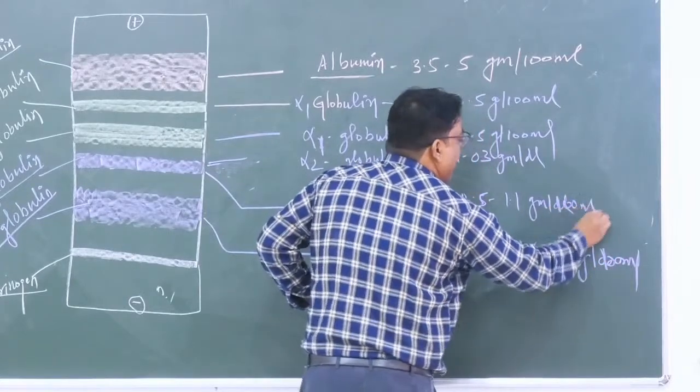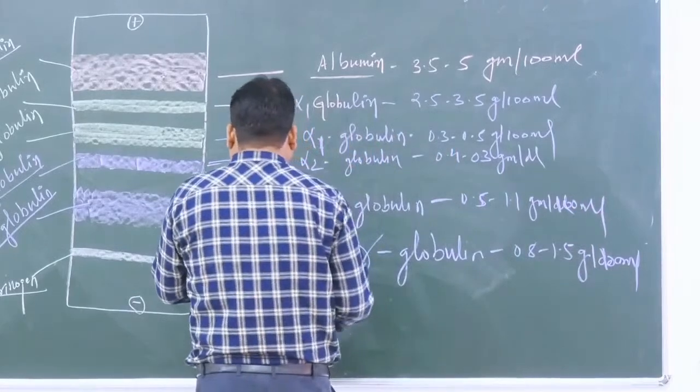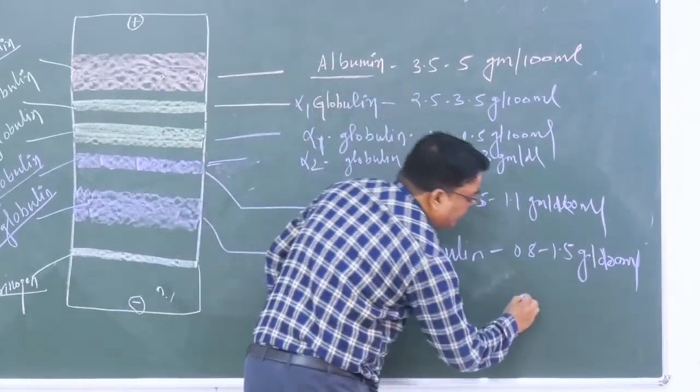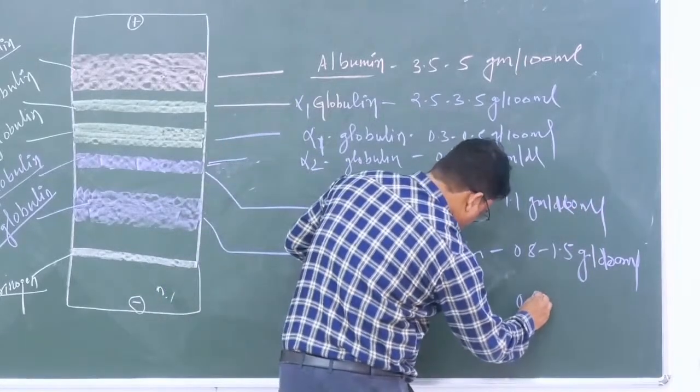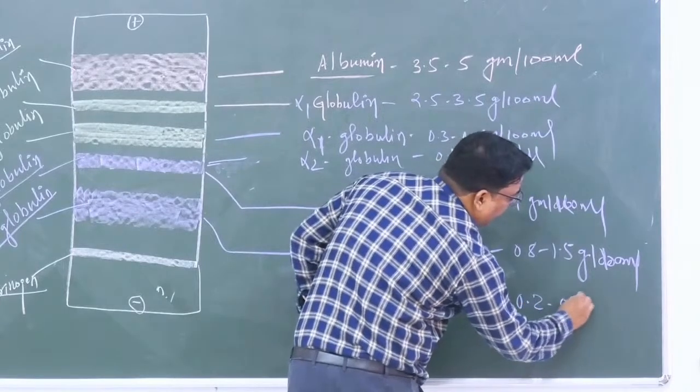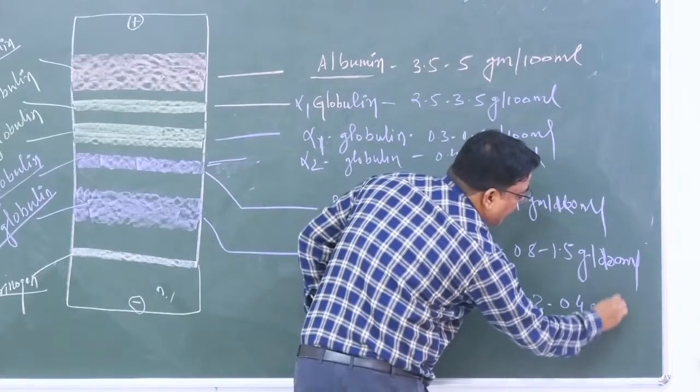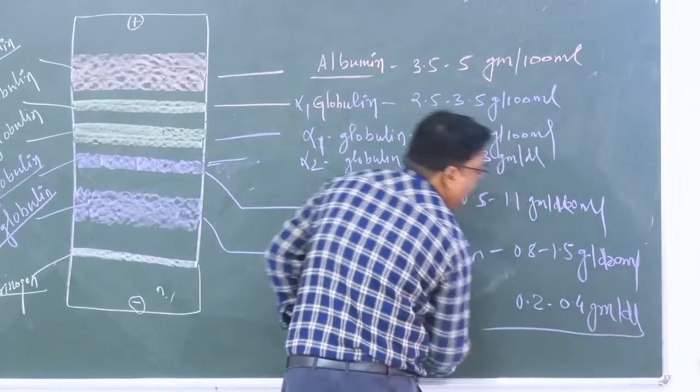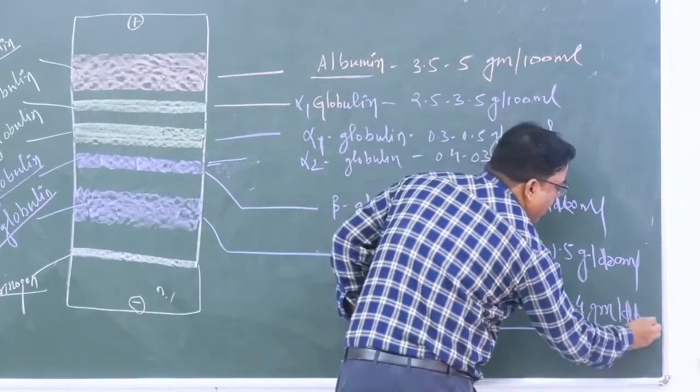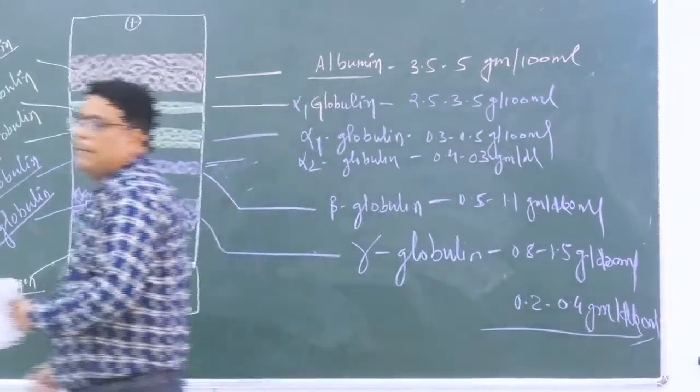And the last one, fibrinogen, is 0.2 to 0.4 gram per 100 ml. Now students, see the pattern and the concentration of different plasma proteins.